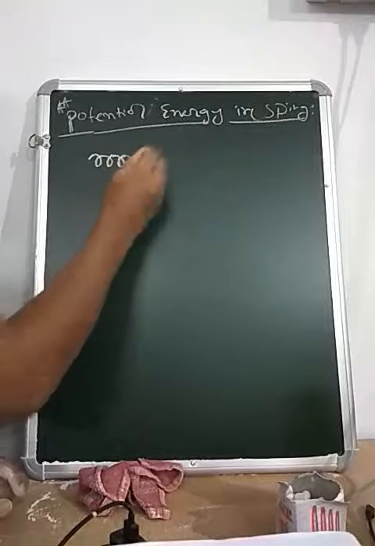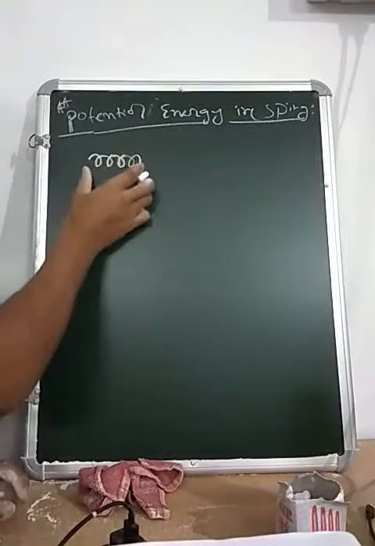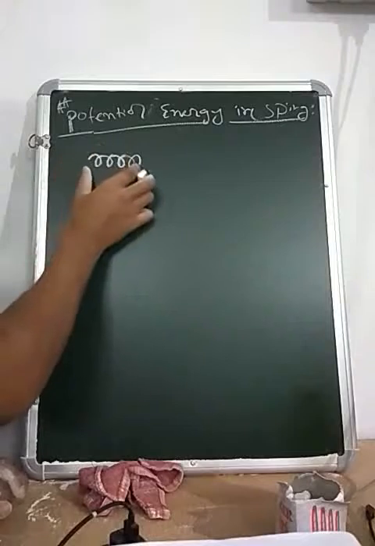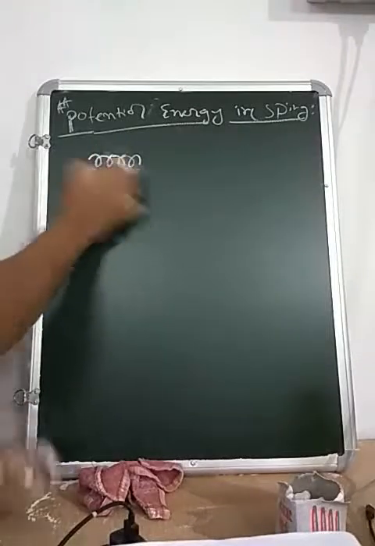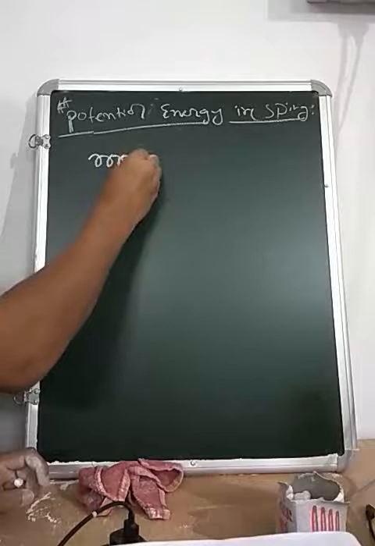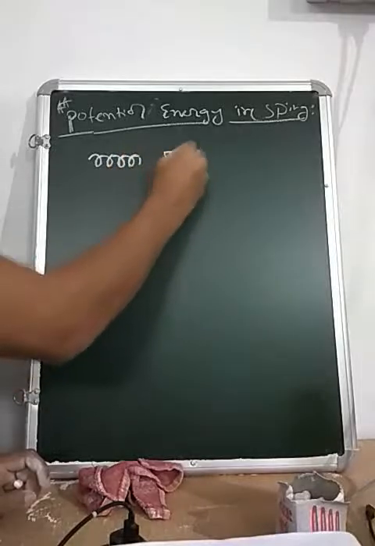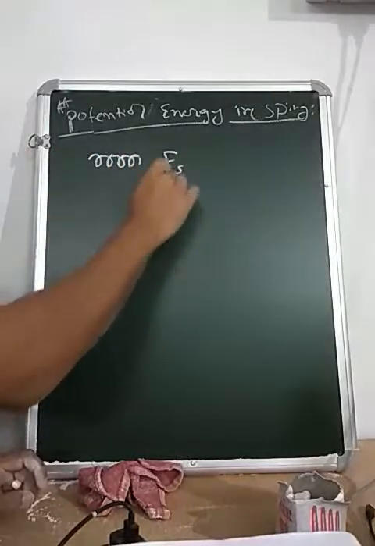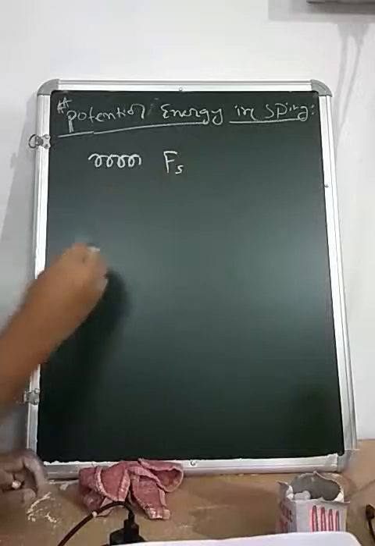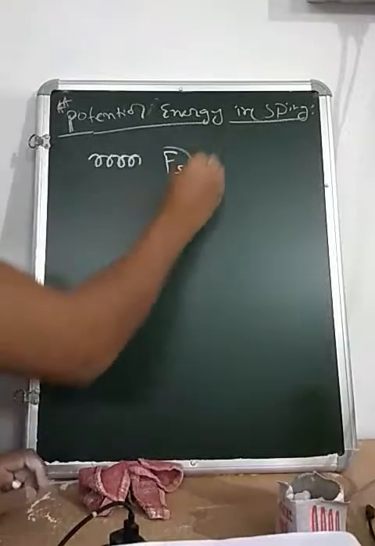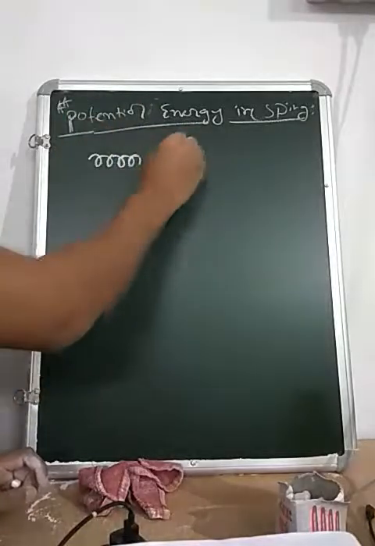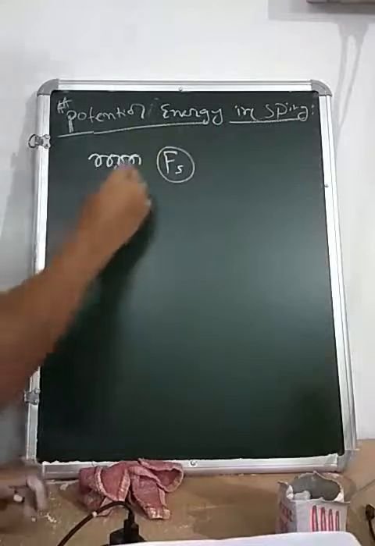So this external applied force, which we apply to compress the spring, is opposed by the force in the spring. This is called spring force, or the force exerted by the spring, Fs.